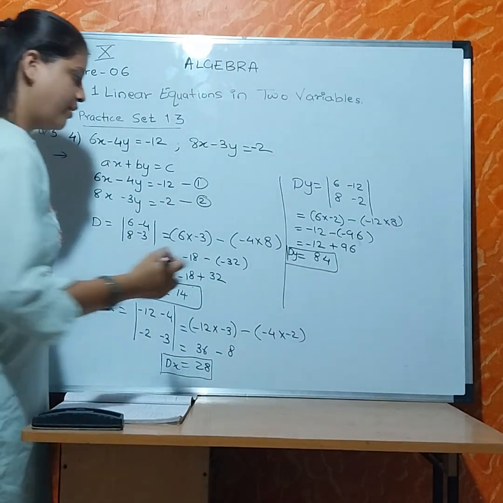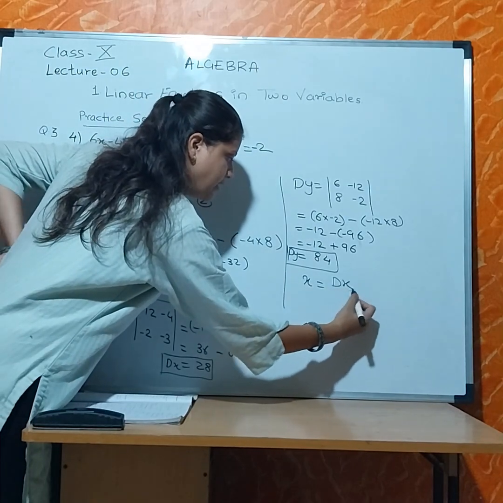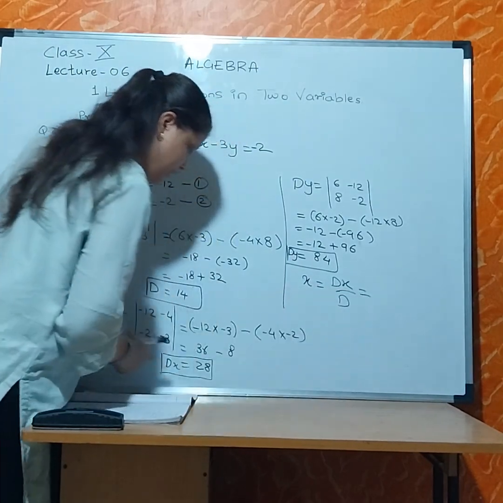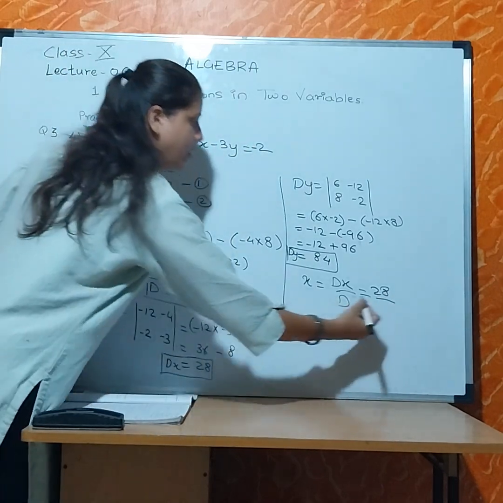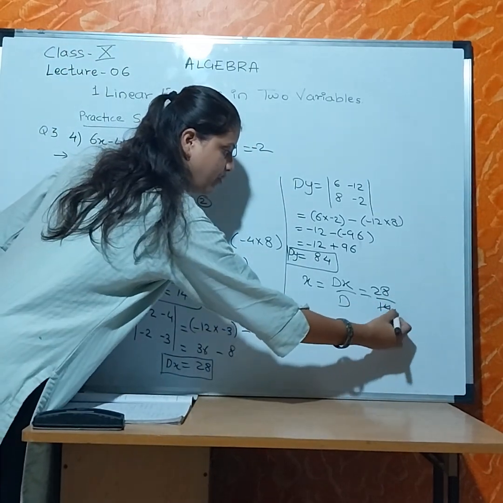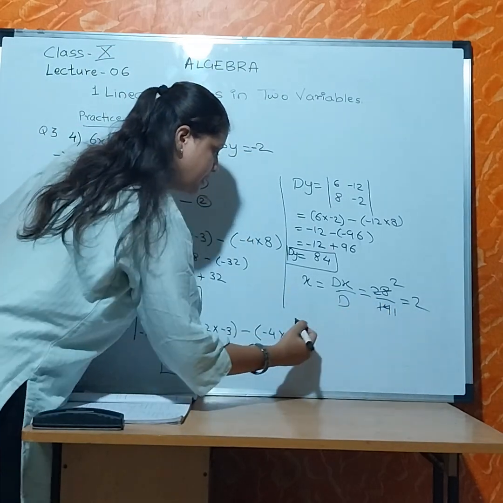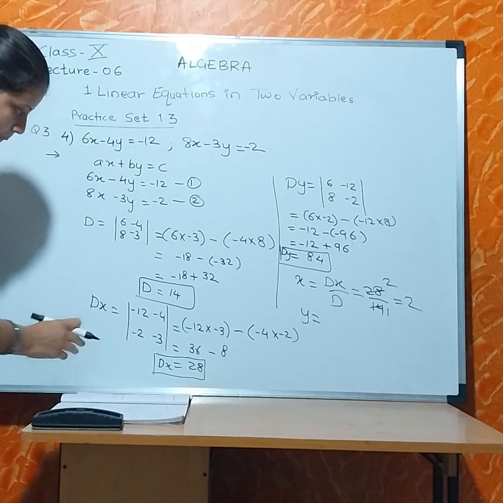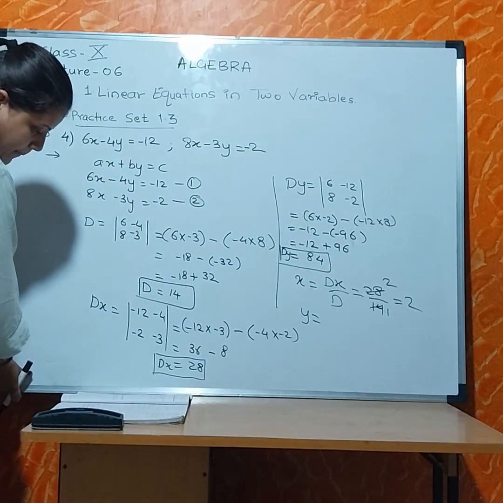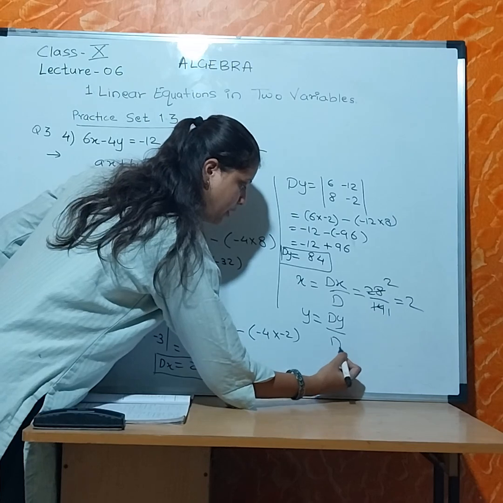Now last step. What is last step? We have to find x and y. To find x, dx upon d. What is dx? 28 and d is 14. We know that 14 ones are 14 and 14 twos are 28. So x is 2. And what is y? dy upon d.